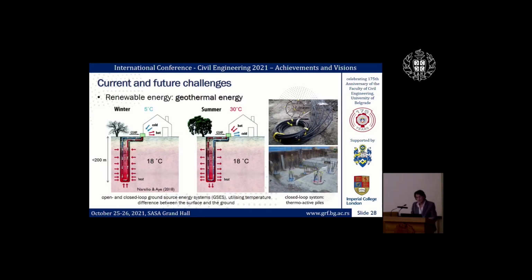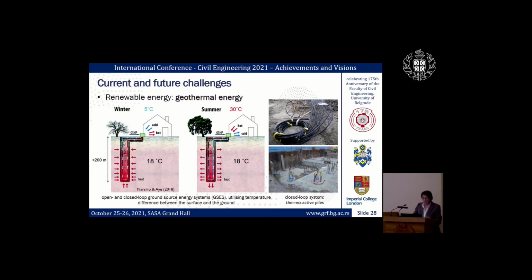And I'll just use one more example of renewable energy, which is not yet at that stage of being fully sorted out. And this is a use of geothermal energy to provide low carbon and reasonably cheap heating and cooling of the internal spaces.